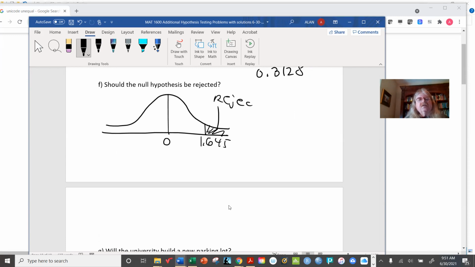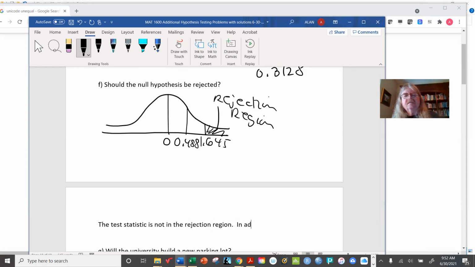So as far as the test statistic approach goes, here's our rejection region. The test statistic is not in the rejection region.